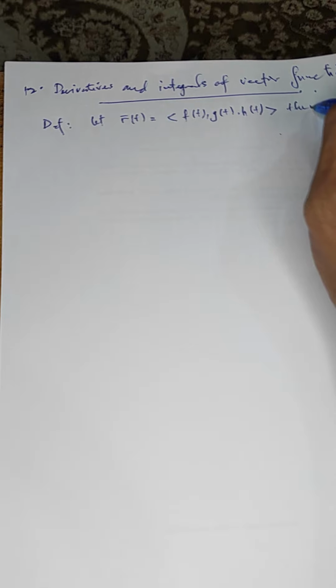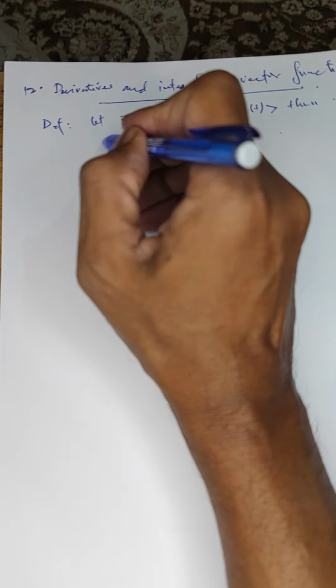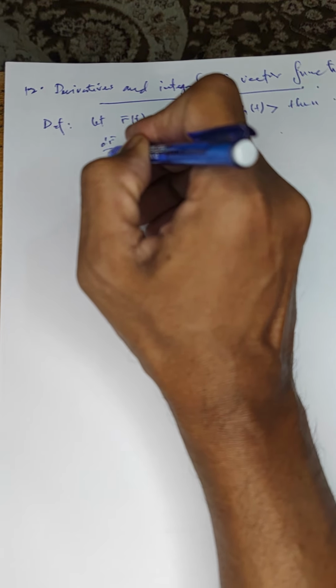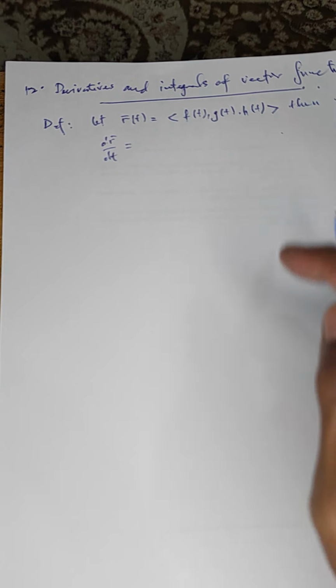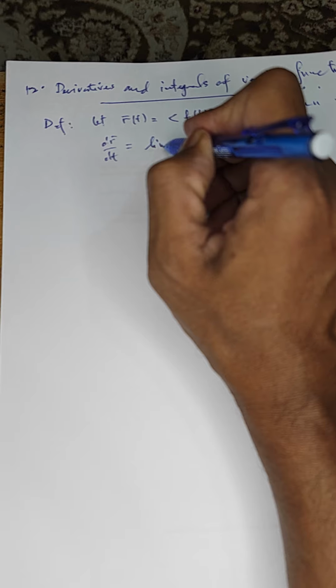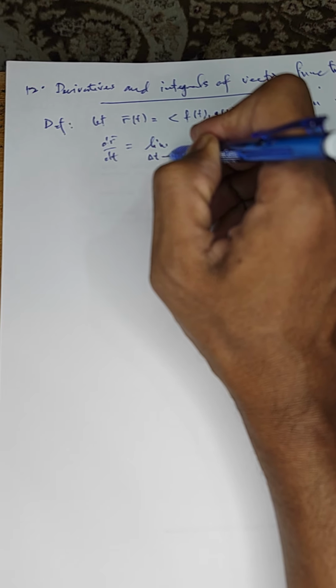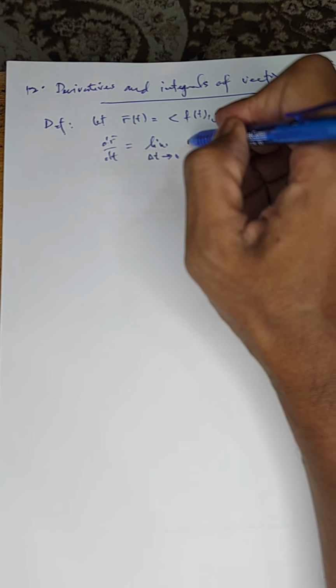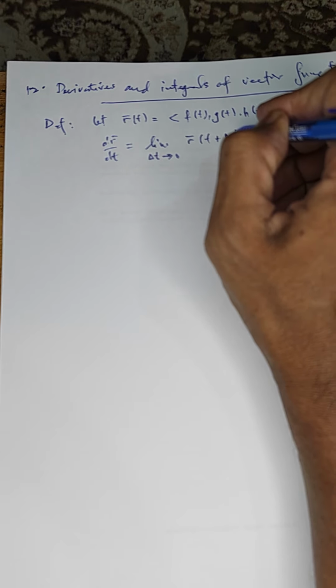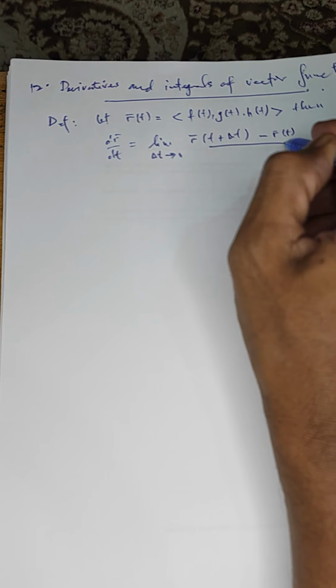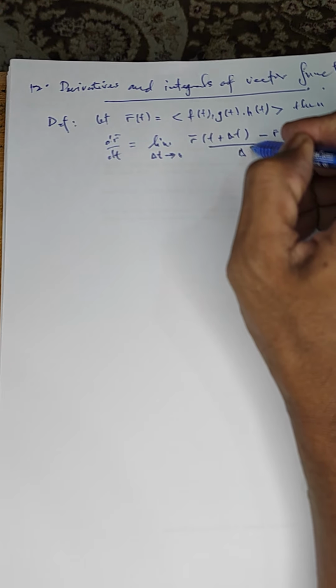Then dr/dt is given as the limit as delta t approaches 0 of r(t + delta t) minus r(t), over delta t.